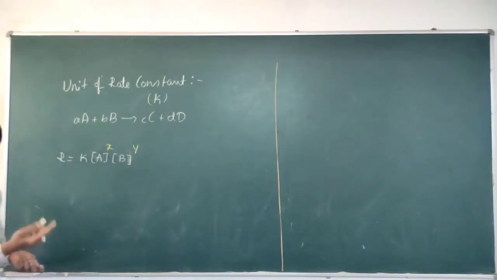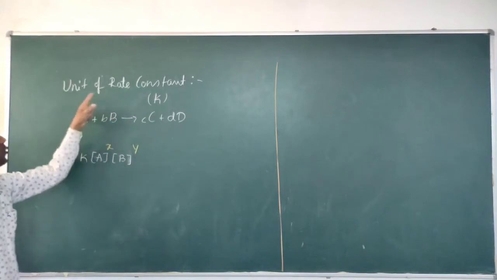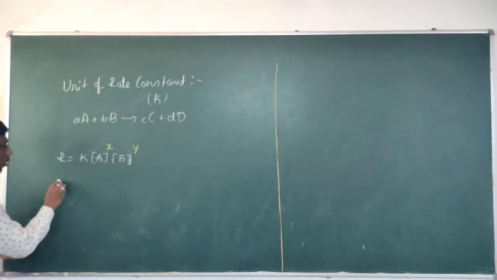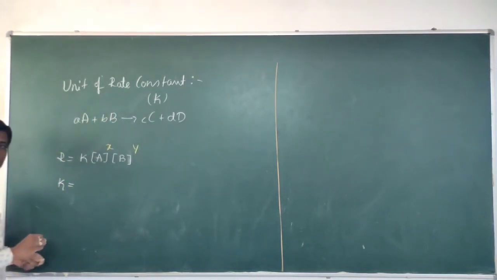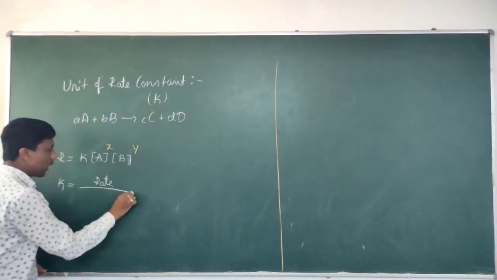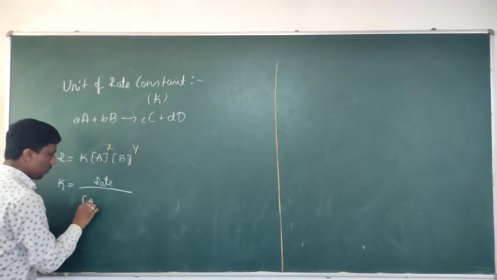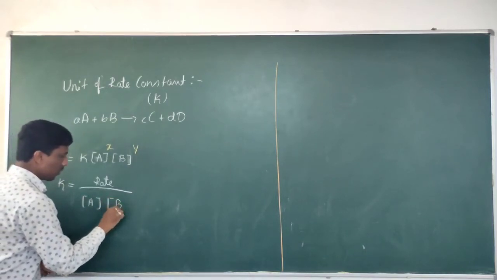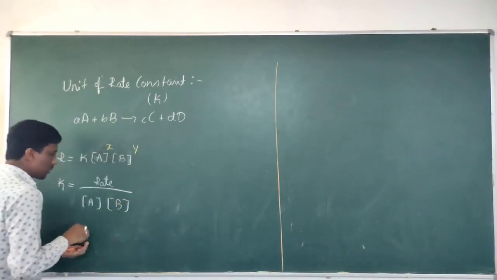Here we are going to calculate the unit for the rate constant. Take K outside. It is rate divided by the concentrations, like this. We will get the equation like this.